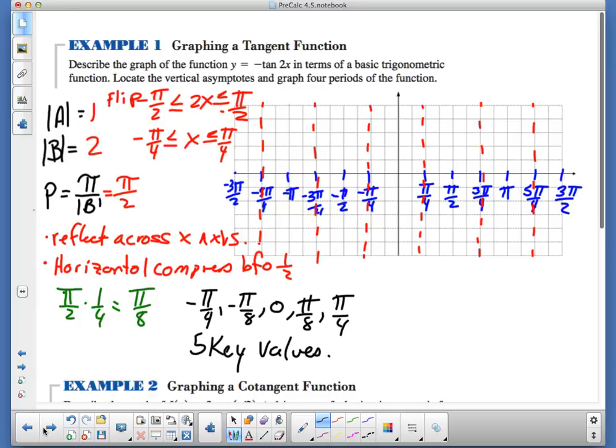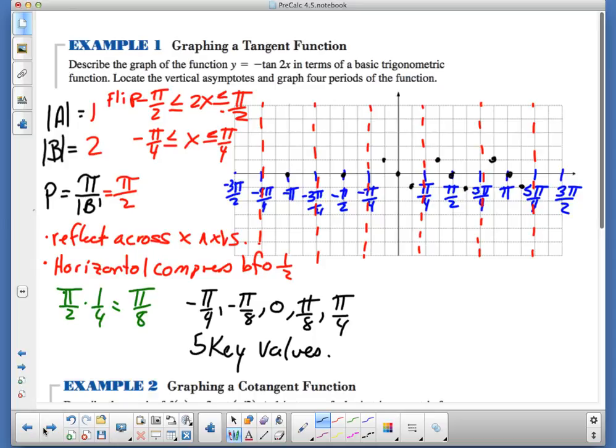Generally, when we do tangent, it comes up like this. Okay, I'm still going to have it be 0. It's still going to come across the middle here at 0 on all these. But instead of constantly increasing, because of the flip, it's going to be constantly decreasing. So at pi over 8, if I put it in there, it's going to be 1. And it's going to be like this as I go through.